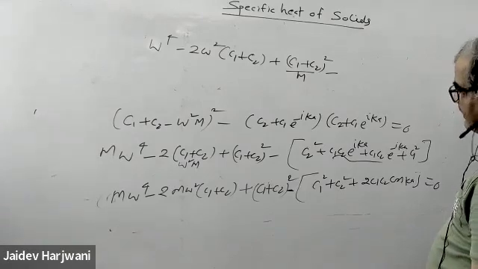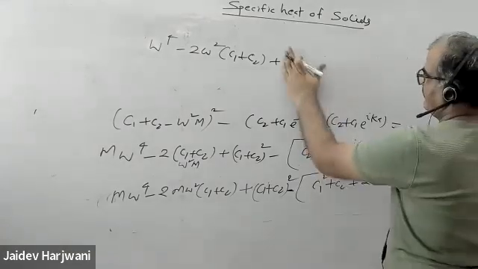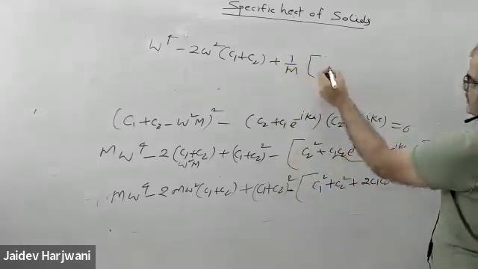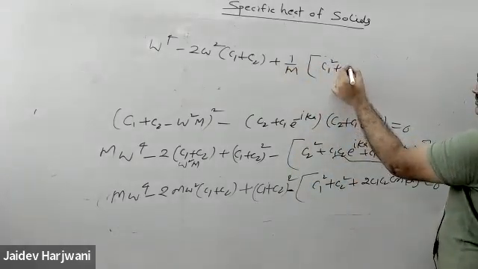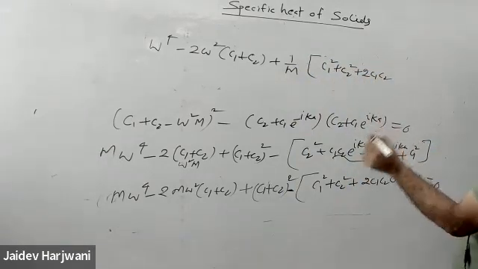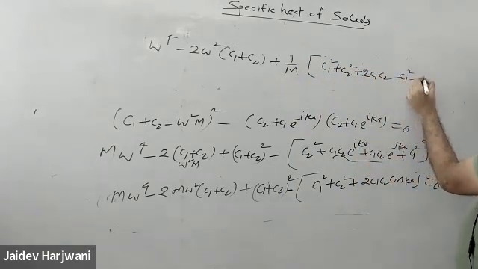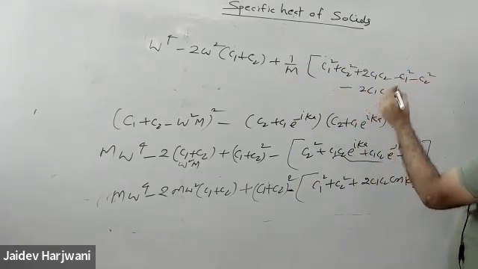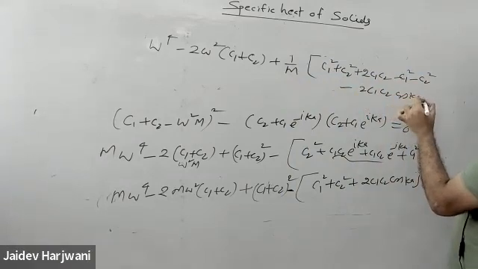So minus m also, so I take 1 by m common. This becomes C1 square plus C2 square plus 2 C1 C2, and inside again we have minus C1 square minus C2 square and minus 2 C1 C2 cos k.